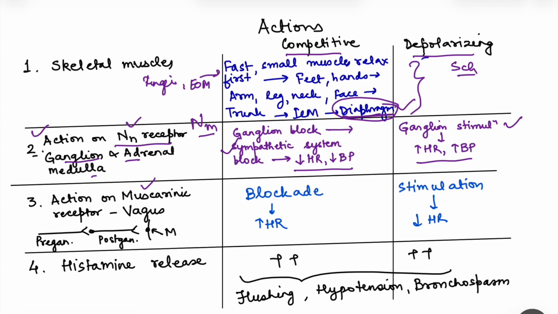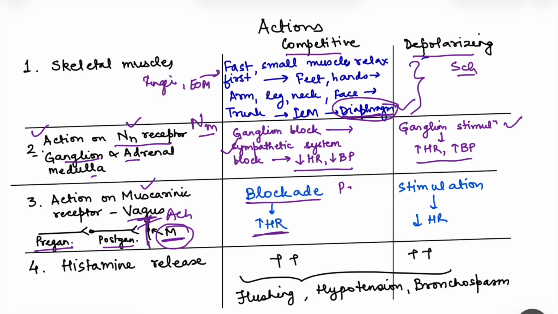Then there is the action on the muscarinic receptors. Muscarinic receptors are present on the target organ. For any autonomic nervous system pathway, we have the preganglionic neuron, then the postganglionic neuron, and in the case of the vagus, the postganglionic neuron releases acetylcholine, and this acetylcholine binds on the muscarinic receptors present on the target organ. So if these muscarinic receptors are blocked, for the cardiovascular system there will be increase in heart rate.